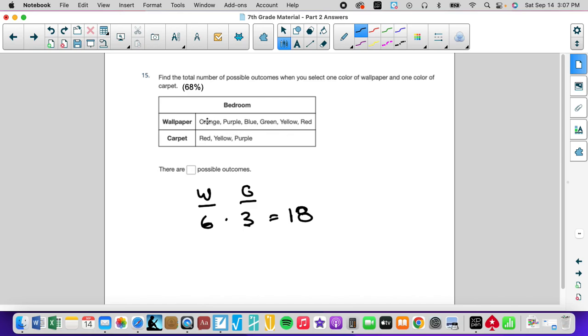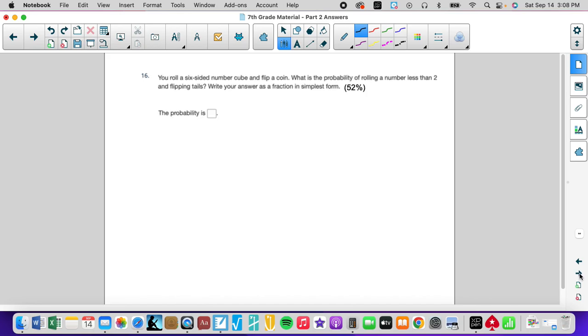If we have 6 that each have 3 different, that's why we do 6 times 3, called the counting principle. Really fun, neat way to find the possible number of outcomes, the different combinations of those wallpapers and carpets. Also really fun to dabble in and to do some work in.